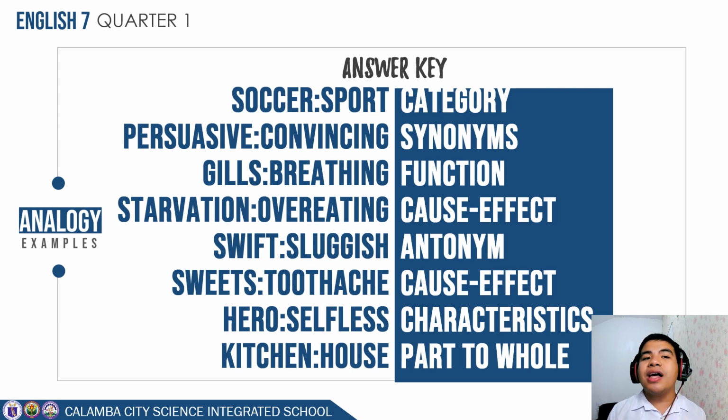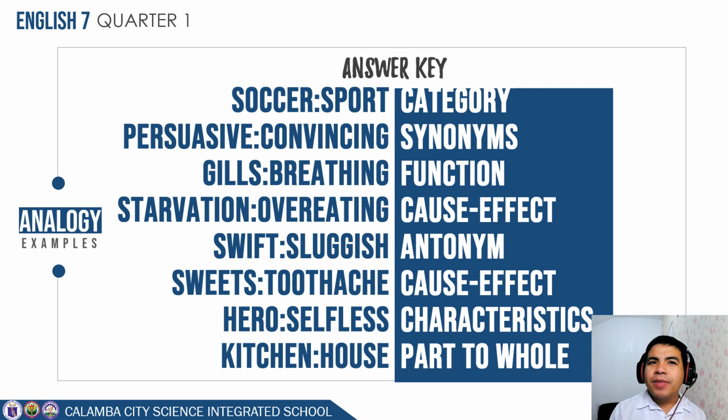Hero is to selfless. Most of the time or all the time, a hero is selfless or altruistic. So it means characteristics. Kitchen is to house. We all know that kitchen is part of a house, which means part to whole.